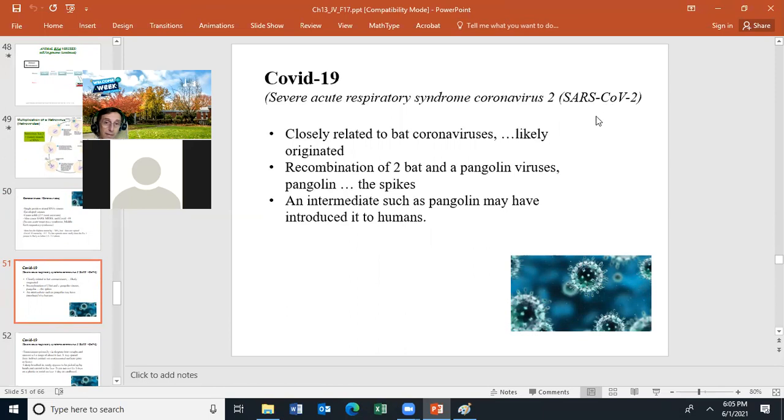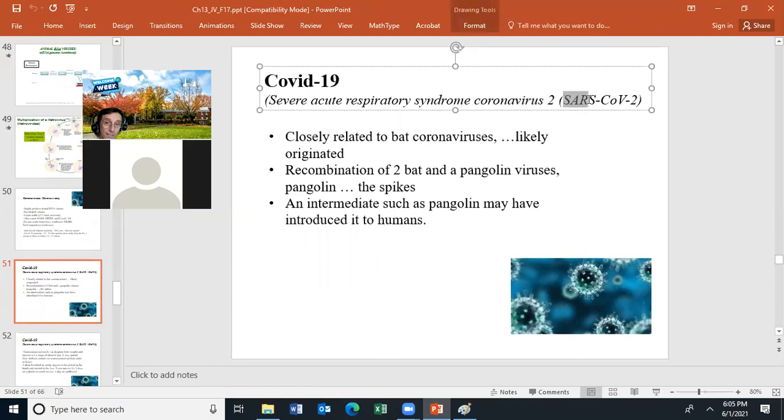The trouble is, this name is so similar to SARS that even among the scientific community, most of them call it COVID-19 because they don't want to get SARS confused with SARS coronavirus 2.